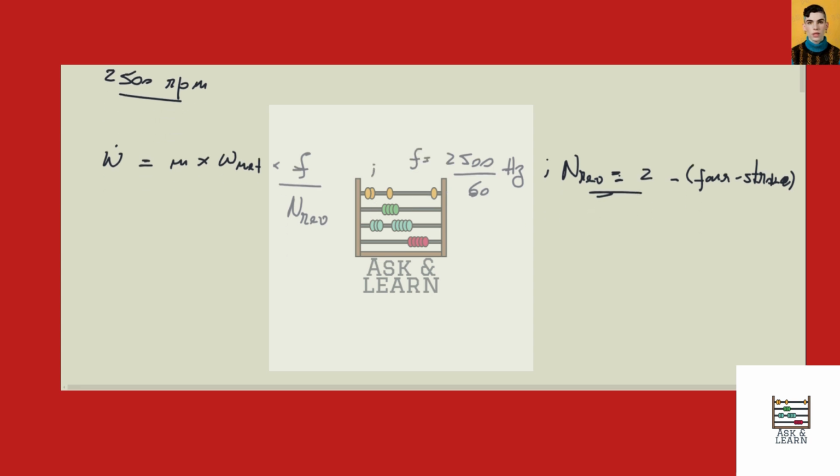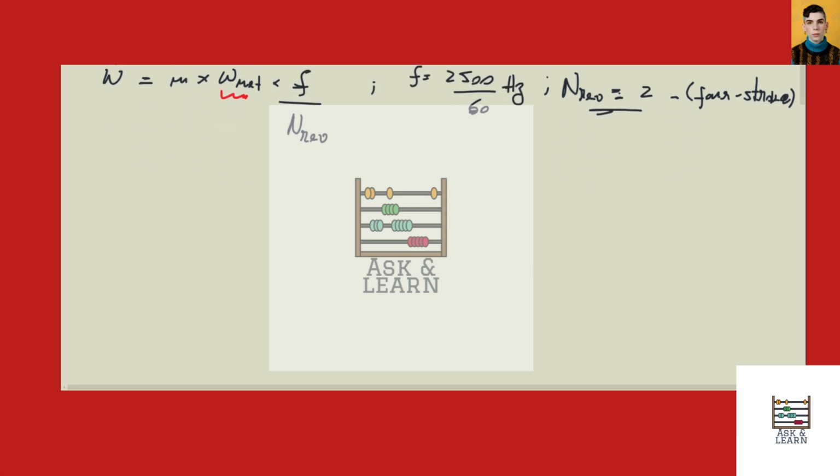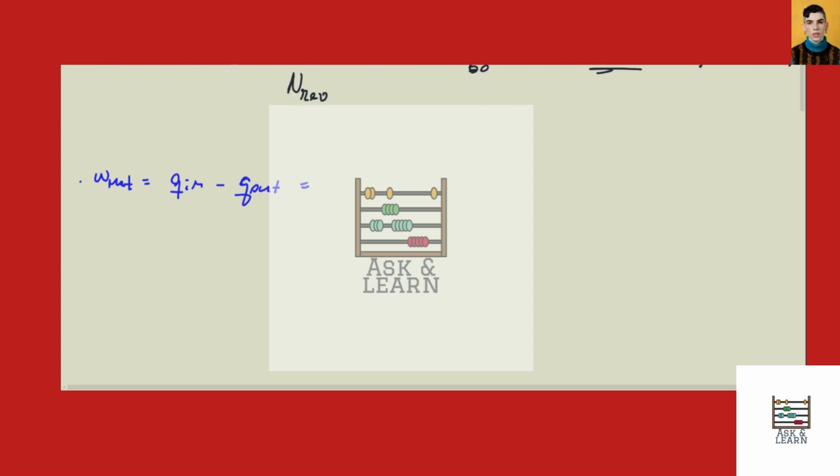Well, therefore, the only problem here is to find the net work per cycle. And we know that the definition of net work is just the heat in minus the heat out. Since we are working with constant specific heats at room temperature, we can say that this is just Cv (T3 minus T2) minus Cv (T4 minus T1).